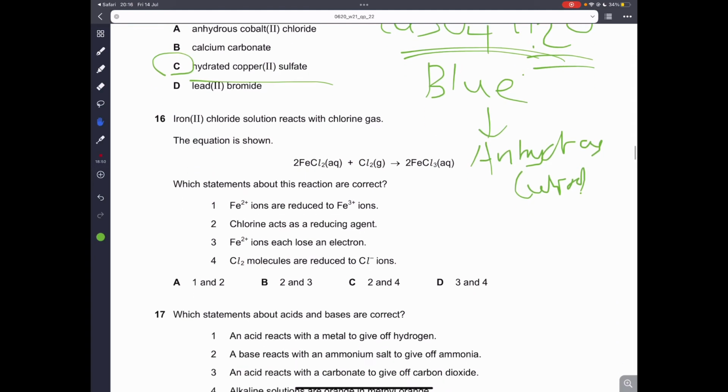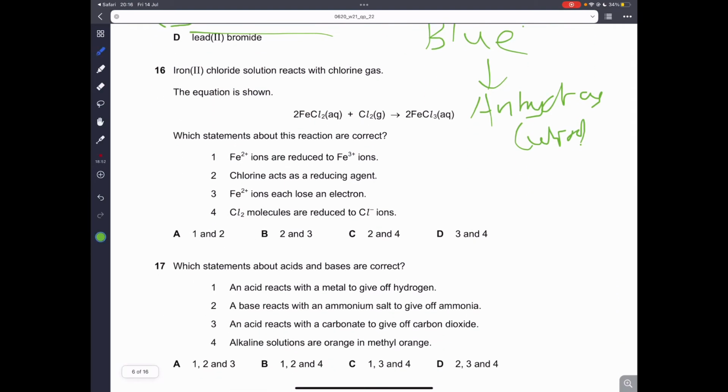Question number 16, iron(II) chloride solution reacts with chlorine gas. The equation is shown. Which statements about the reaction are correct? Okay, for this one, this is likely an oxidation-reduction question. So, let's look at: Fe2+ ions are reduced to Fe3+ ions. Well, this is not the case.